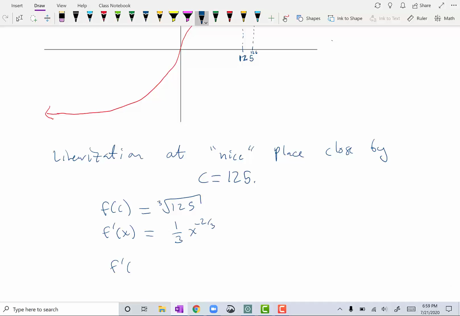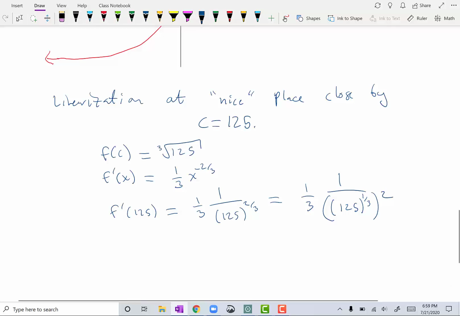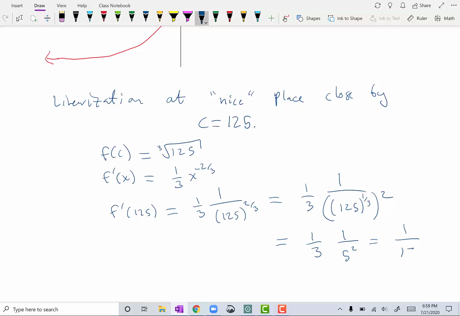So f prime of 125 is 1/3 times 1 over 125 to the 2/3, which we can think of as 1 over 125 to the 1/3 power all squared, because that makes it easier to compute. So we said the cube root of 125 is 5, so 5 squared is 25, so this ends up being 1 over 75.